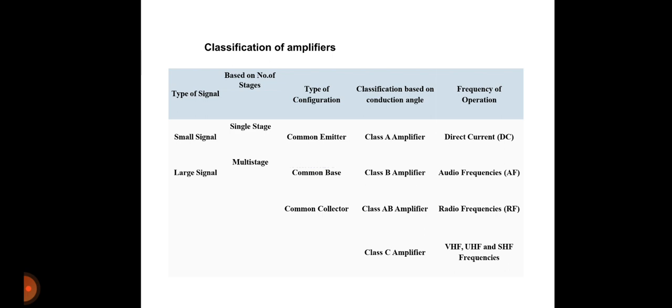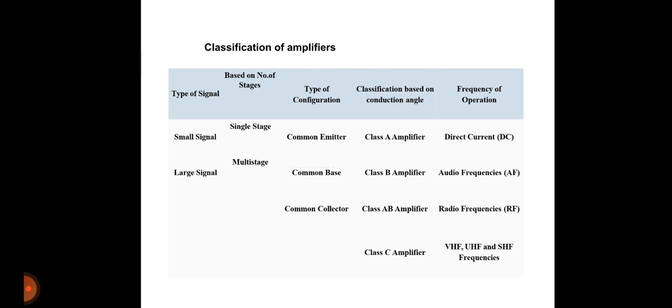Based on biasing conditions or conduction angle, we have four types of amplifiers: Class A amplifier, Class B amplifier, Class AB amplifier and Class C amplifier. In Class A amplifier, the collector current flows for the entire AC signal applied. In Class B amplifier, the collector current flows for half cycle of the input AC signal applied.